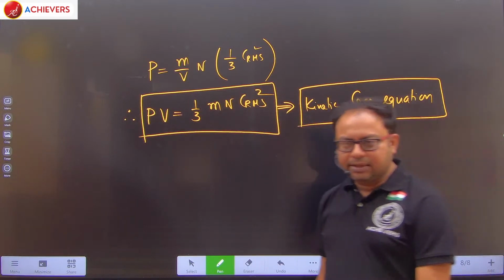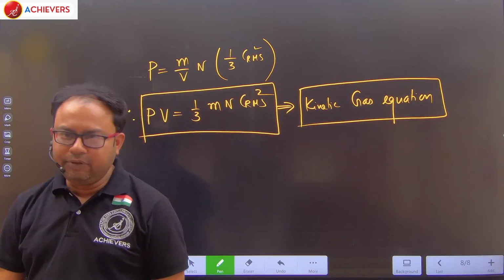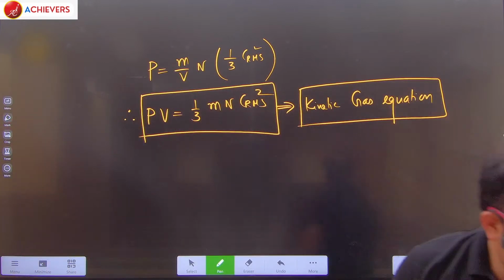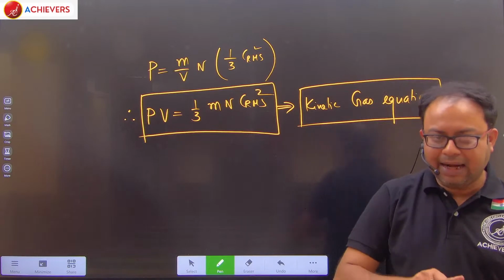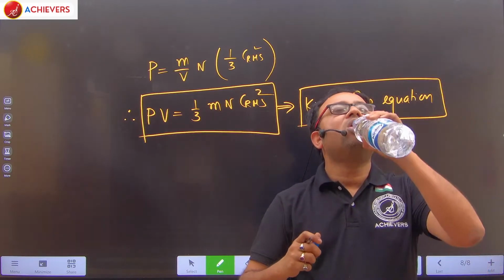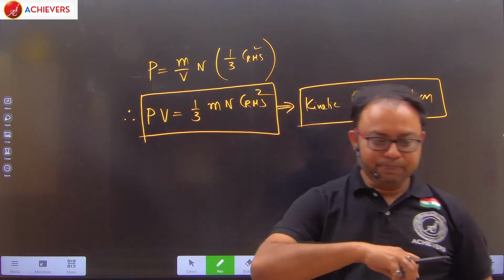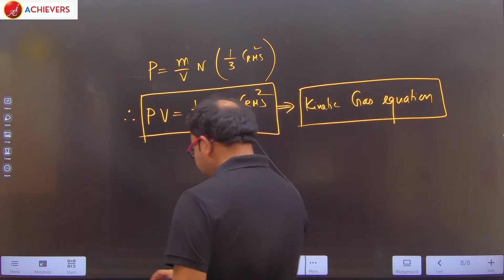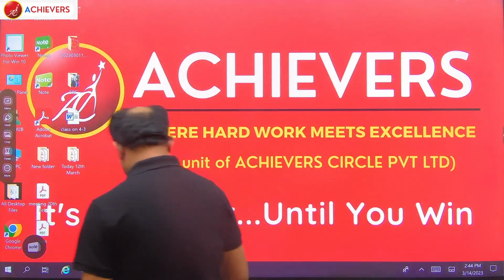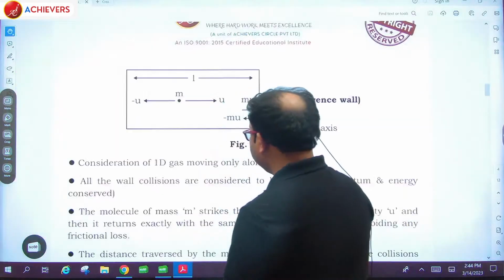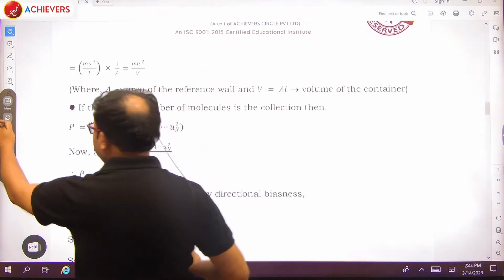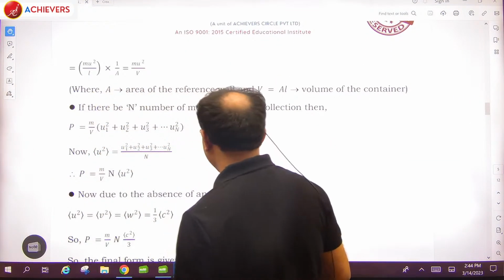Now we will see some implications of this famous kinetic gas equation. So let's move on to that.